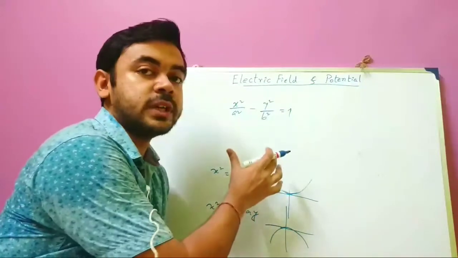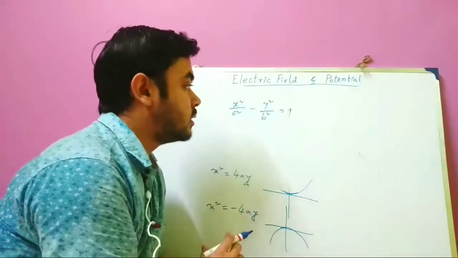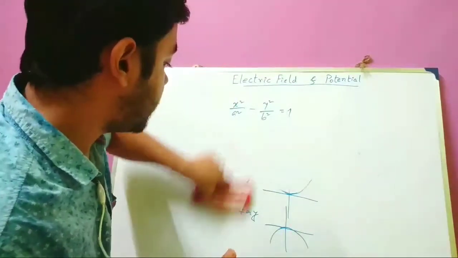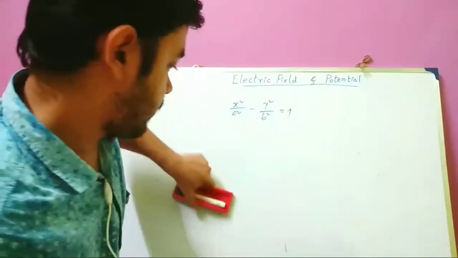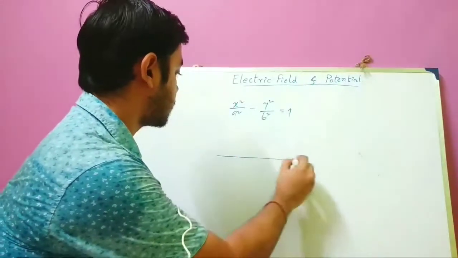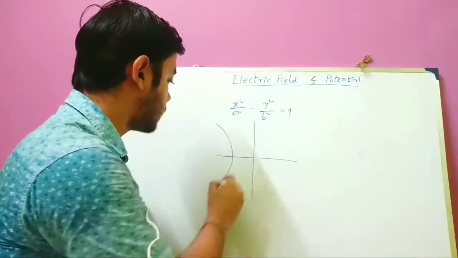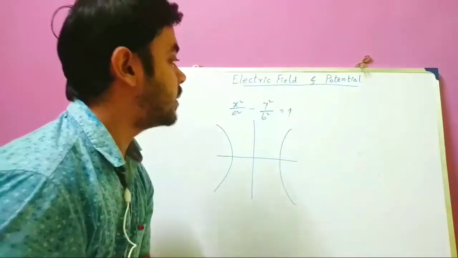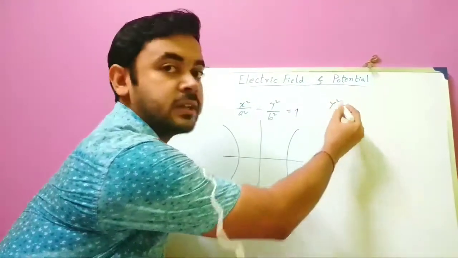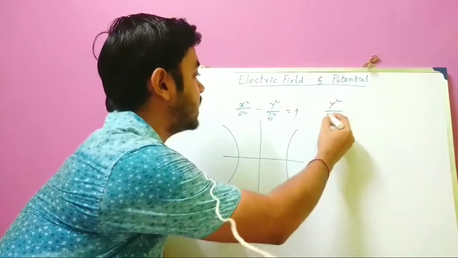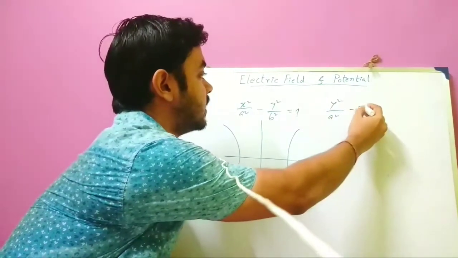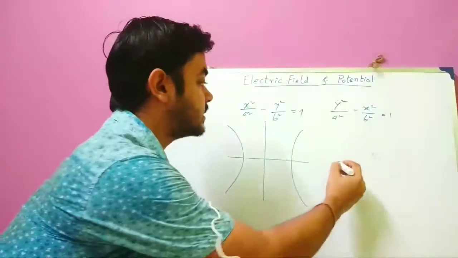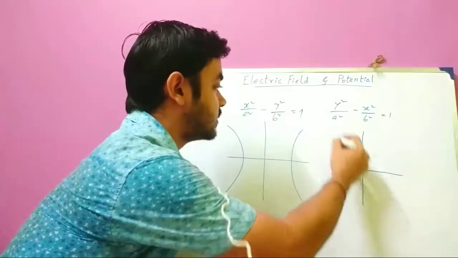This is the equation of a hyperbola. So let's see what its nature is. The diagram will be like this. This is the diagram of this hyperbola, and if the equation of the hyperbola is y square by a square minus x square by b square equal to 1, then its nature will be like this.